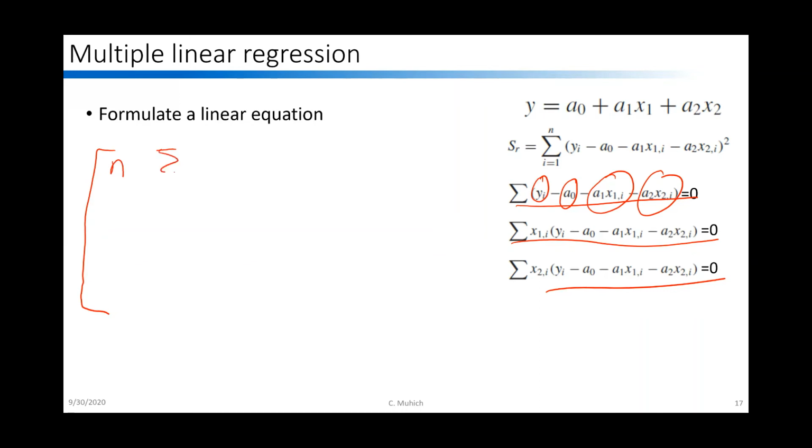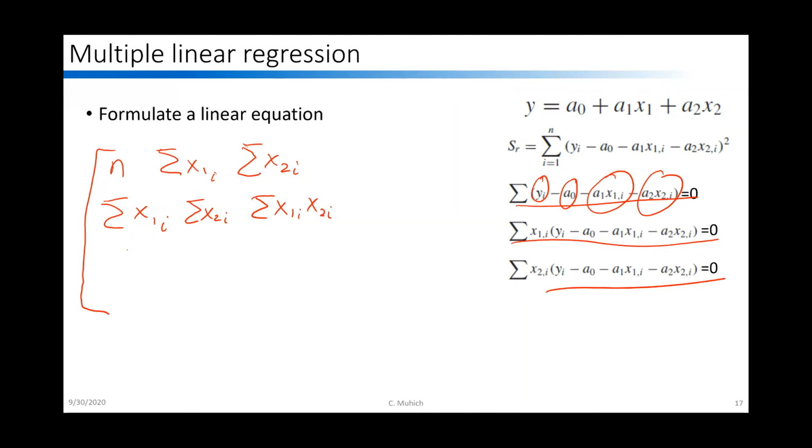So we end up getting this equation with n, the number of data points, in the 1,1 spot, a sum over x1i in the middle spot, the sum over x2i in that second spot. Then once again, we're going to have this repeating pattern down: sum over the x1s, sum over the x1 squared, then sum over their products, x1i x2i.